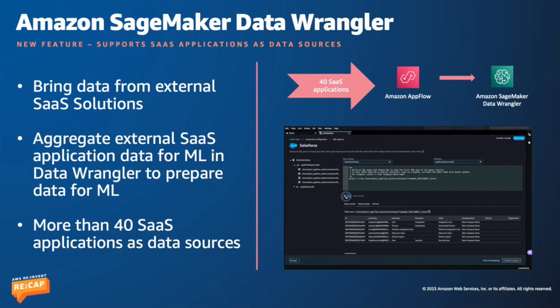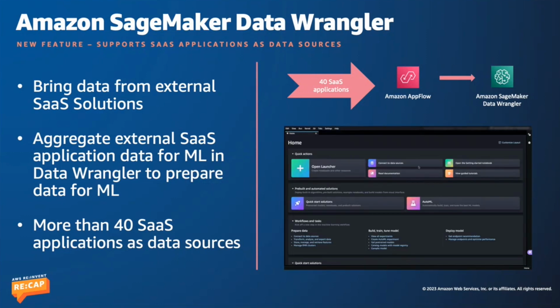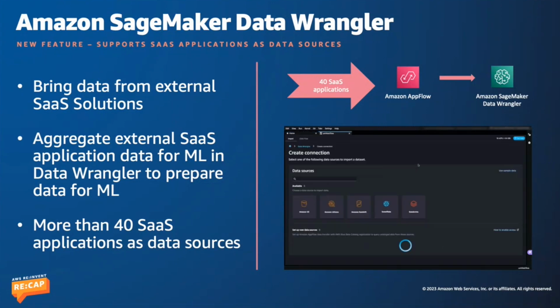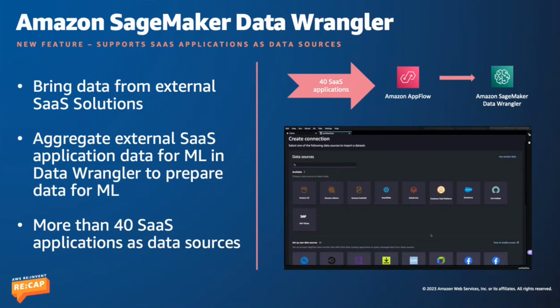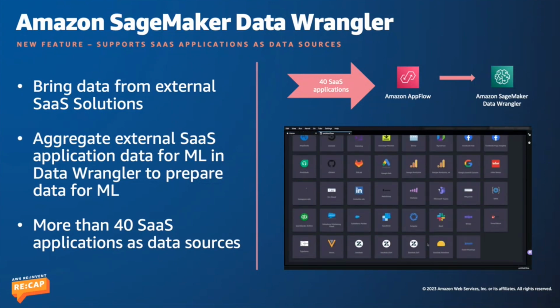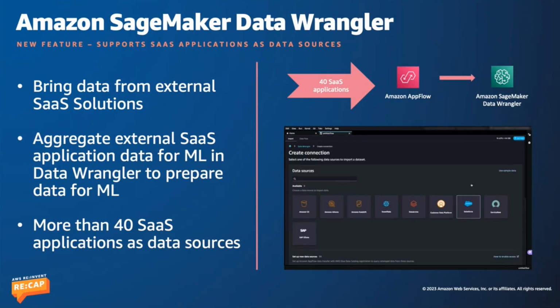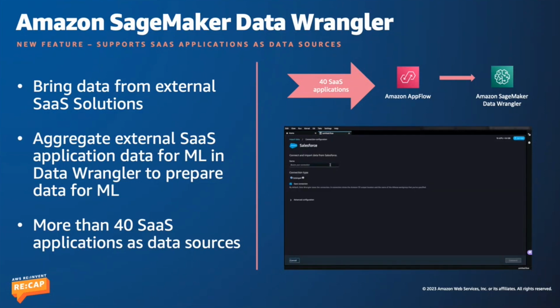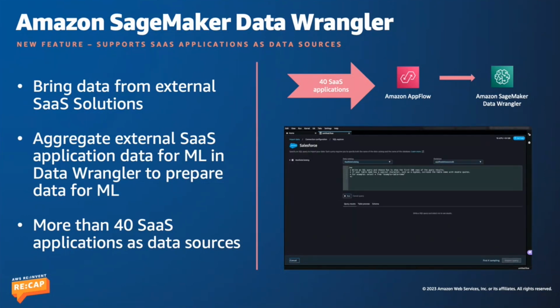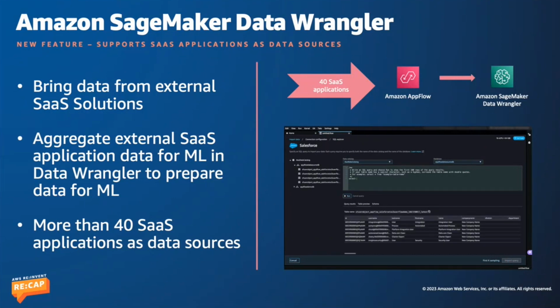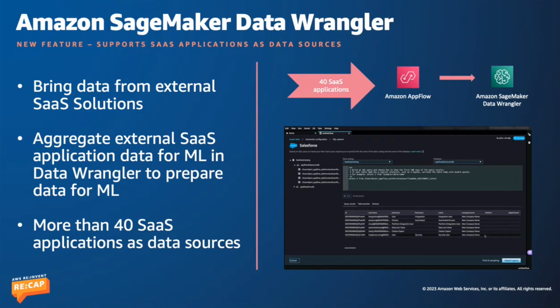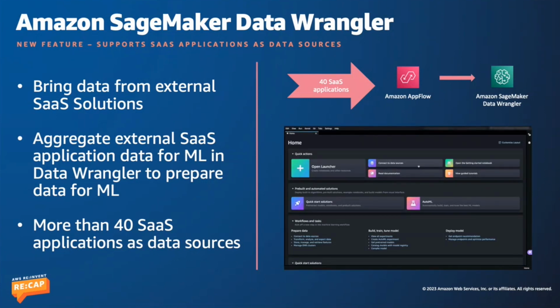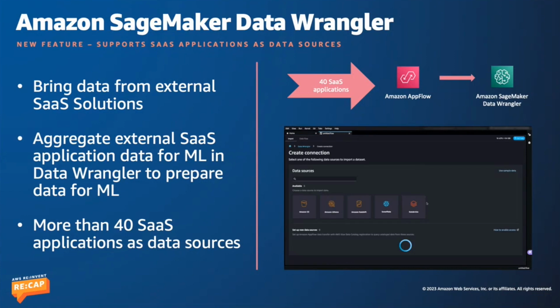So using the Amazon AppFlow, which has more than 50 applications as you can see in this catalog, you may use this to incorporate data from external sources for you to train your model. And this is available out of the box. And then you can do data preparation and data transformation within your machine learning pipeline.